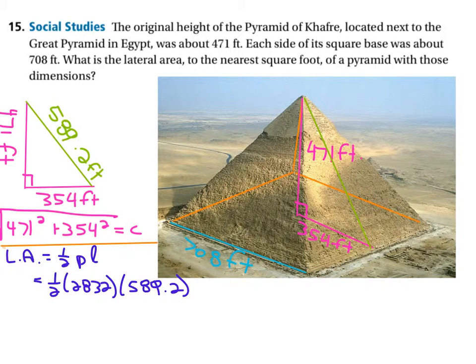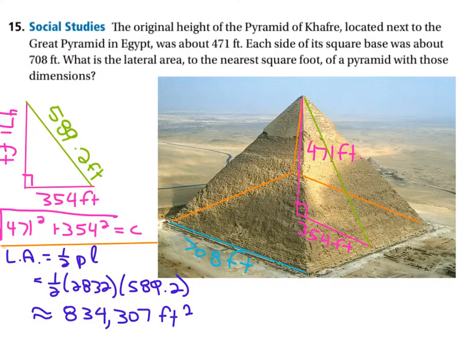And we get 834,000. Let me write it. Approximately equal to, because we're rounding, 834,307. It's 0.2 after that, and so that rounds to just 307. And it is feet squared.